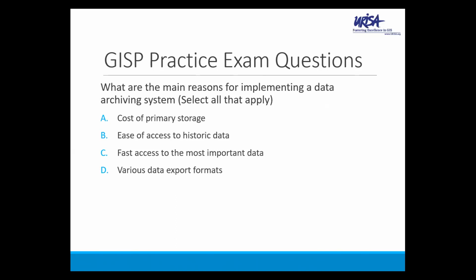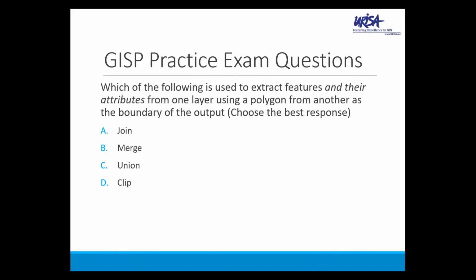The cost of collecting data is so astronomical in terms of human time, in terms of machine time, in terms of data processing, that we really can't afford to lose it. And similarly, we want to be able to access important data quickly, and we want to be able to have data export formats so that we can use the data well into the future.